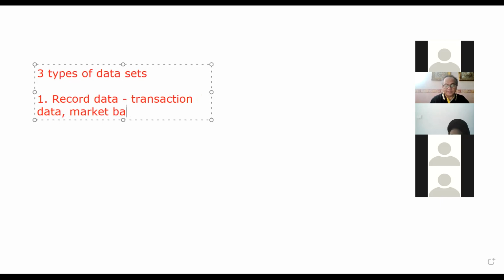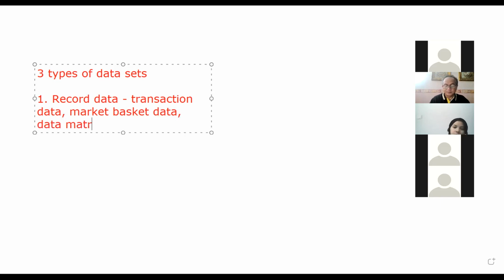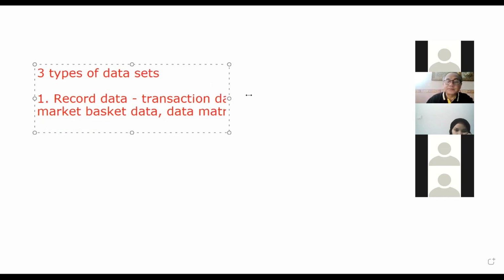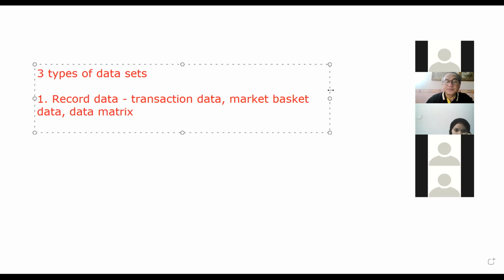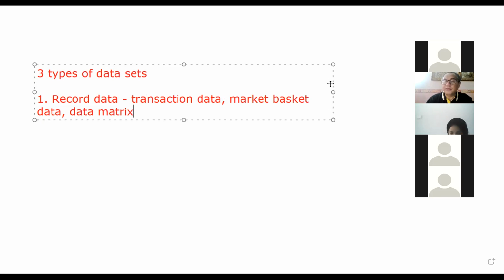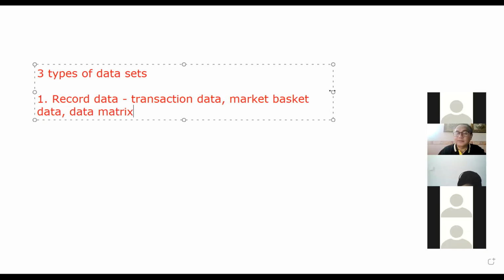For data matrix, we have data with the same attributes, and also sparse data matrix. What is market basket data? Anybody have any idea what market basket data is?